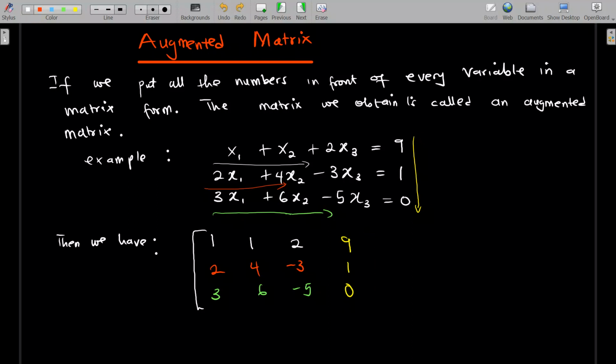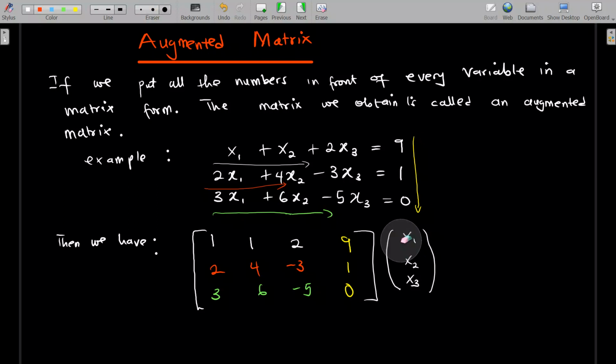Let me use the white. So that is exactly what we mean by the augmented matrix. And in this case, this is what we have. This idea comes from matrix multiplication, which I'll treat in this course.